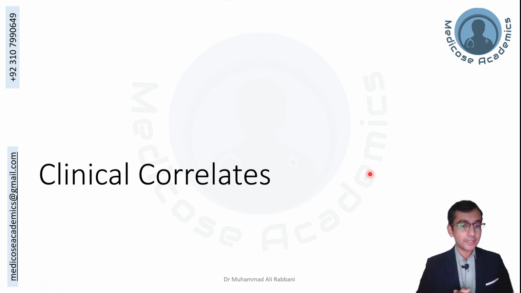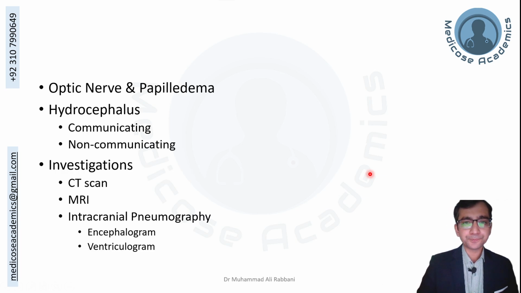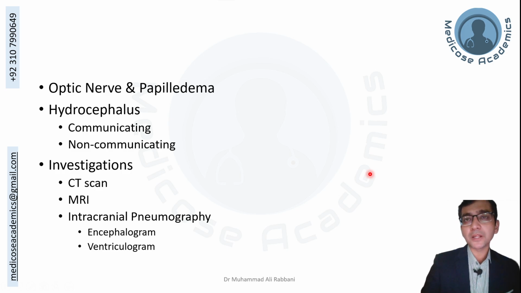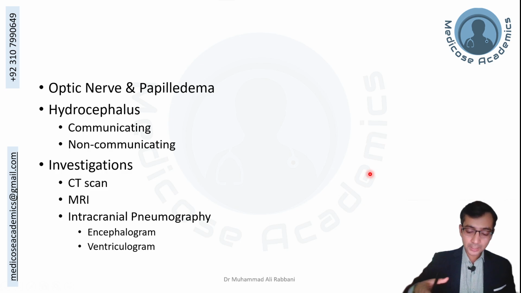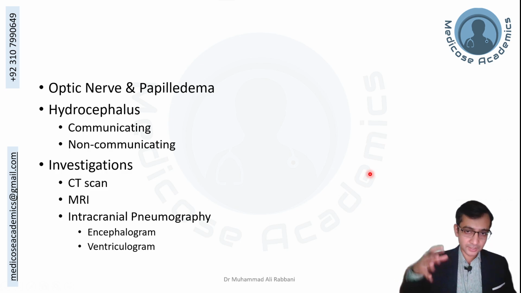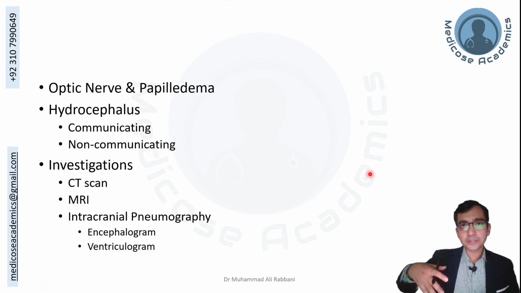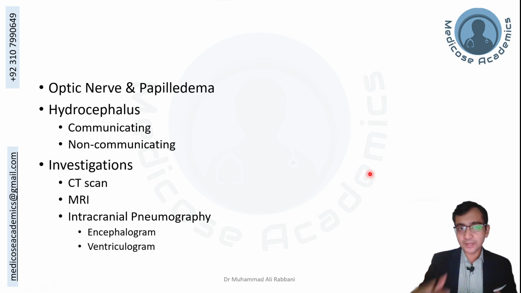So that's about it. Clinical correlates: we see optic nerve and papilledema. Let's talk about that. If there is high CSF pressure, everything will be compressed due to the CSF: the brain, the spinal cord, and everything. Moreover, remember there is only one cranial nerve where CSF is surrounding the nerve, and that is the optic nerve.